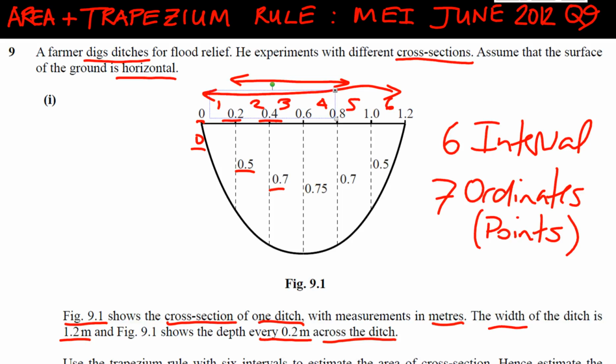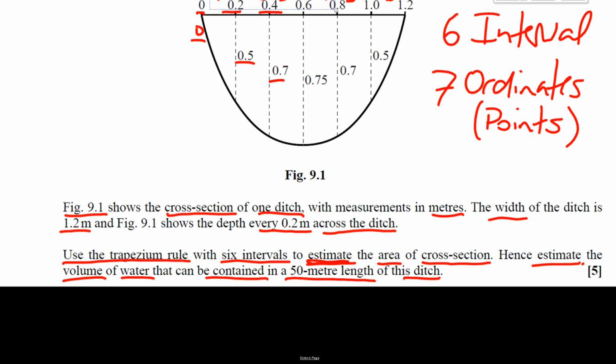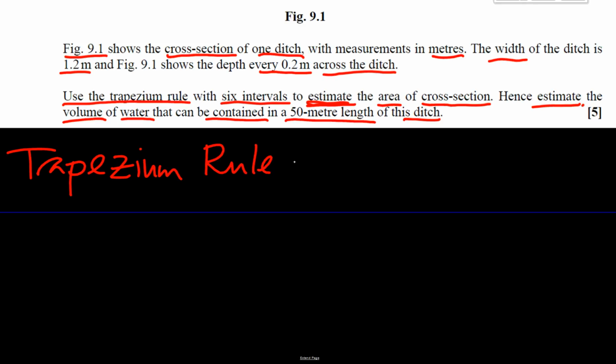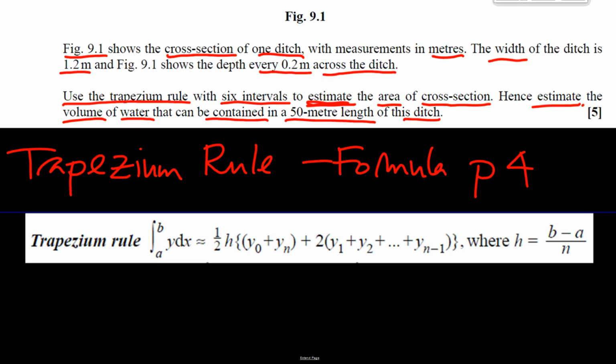Okay, so what is the trapezium rule? Let's do a bit of extension here. The trapezium rule is set out in the formula book on page 4. So remember, the formula book is your friend and it gives you information you can use in the heat of the exam. So let's get that.